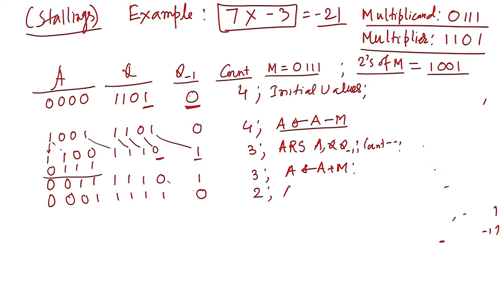So, the operation we perform is arithmetic shift A Q Q minus 1. Now, you check this 1 0. 0 and before 1, but very likely that a block of 1 is going to start.